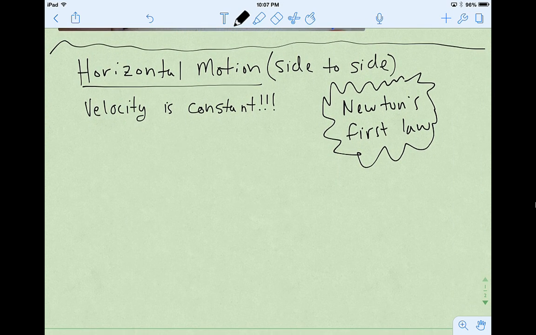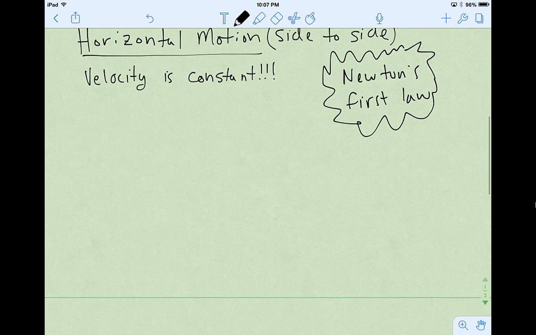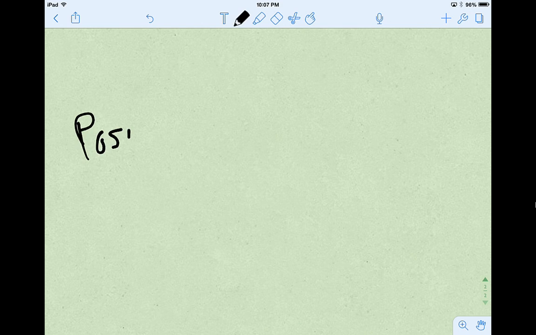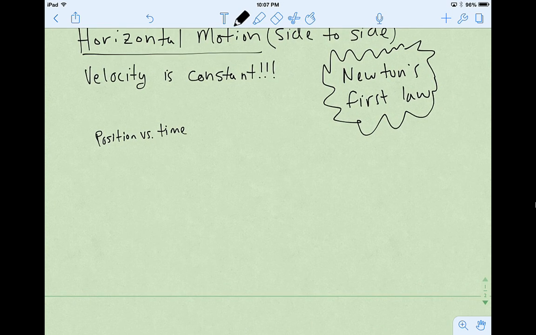Now, I want you to put the two graphs on your Cornell note page. I want you to write position versus time, and let's draw that graph. That's going to be t and x because this is side to side.